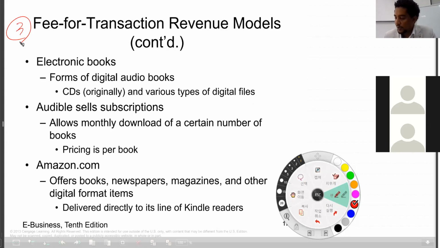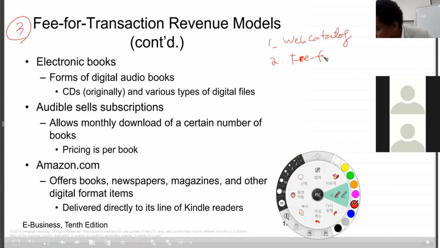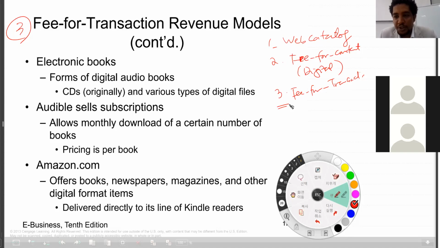So the first one we talked about is web catalog, right? Web catalog is the first revenue model. The second one is fee for content, or as you have said, digital content. And the third one is fee for transaction.